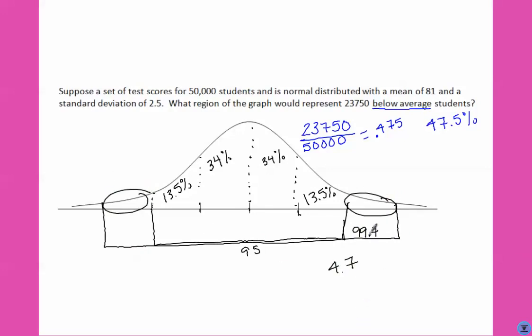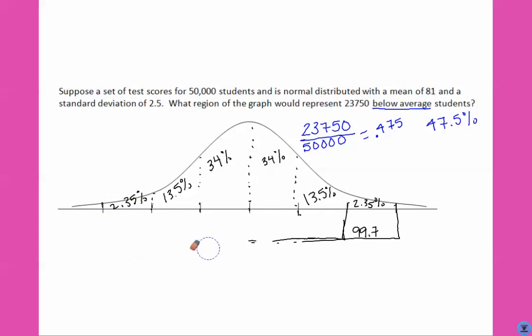So how much is in each? 2.35%. Now if we know that everything we've filled in so far is 99.7, that leaves 0.3 for the outside. So there must be 0.15% in each of the little ones.